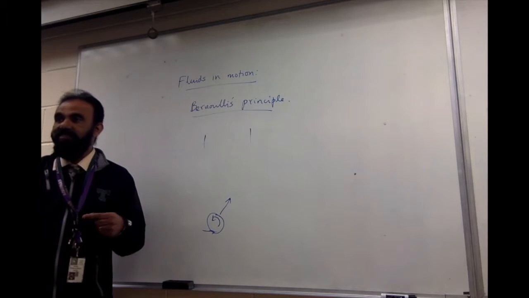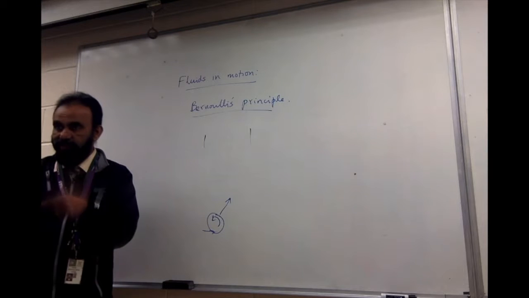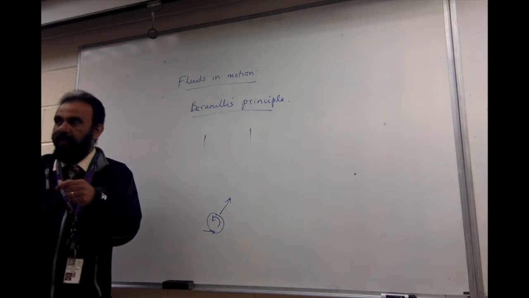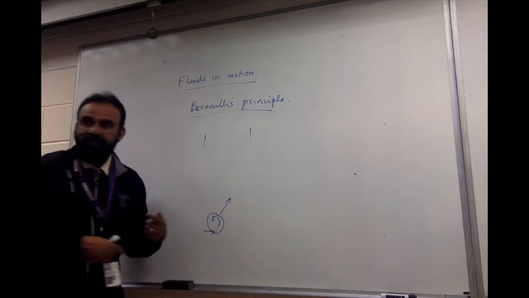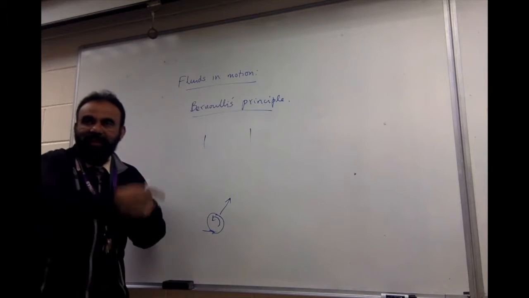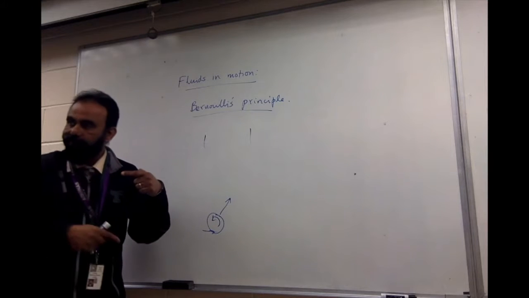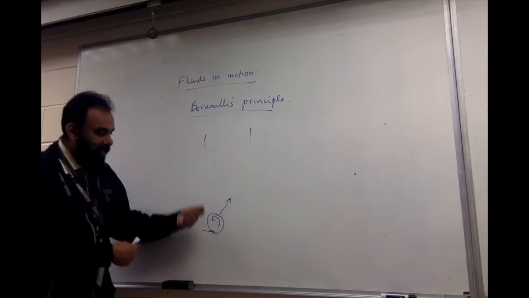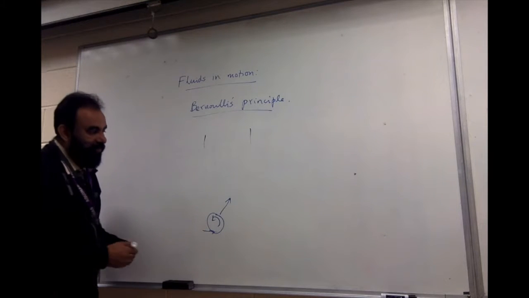And guess why they have seams on the ball? You have seen the seams? What's the seam for? To lock the air. So when the ball spins like this, there is a layer of air spinning with the ball. So as the ball goes forward, there's a layer of air spinning that way.